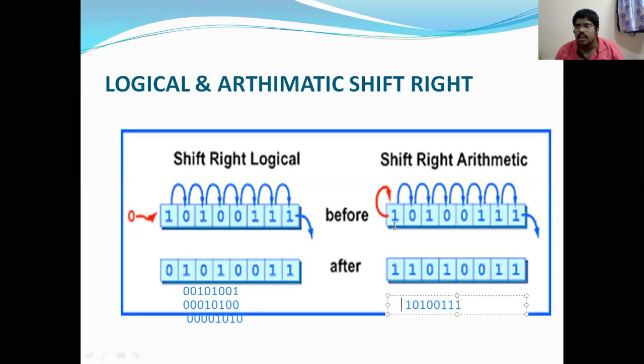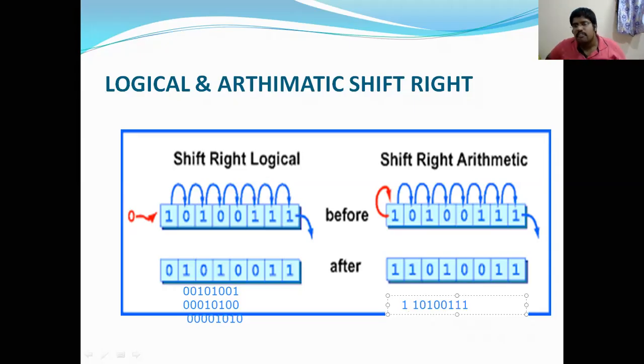After shifting you have got this value, and you have to fill the MSB position, or sign position, with the value that was actually present there before the shifting. What is the value that is present here? 1. If 0 is present, you have to replace the first position with 0. Here it is 1, so you have to replace the first position with 1.